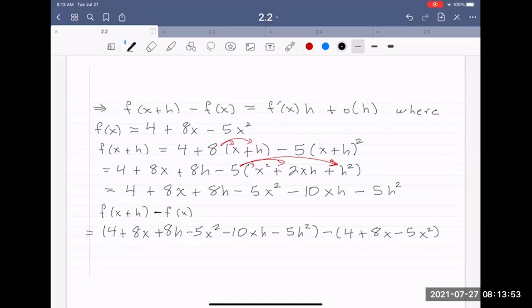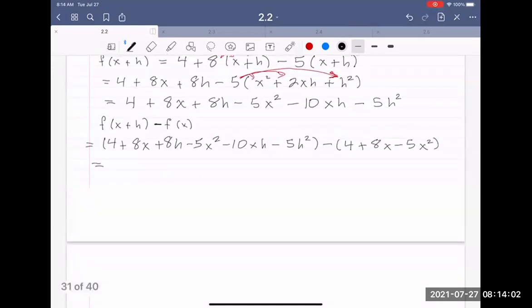So this is equal to, let's get rid of all the parentheses. So if I do that, this is 4 plus 8x plus 8h minus 5x squared minus 10xh minus 5h squared.